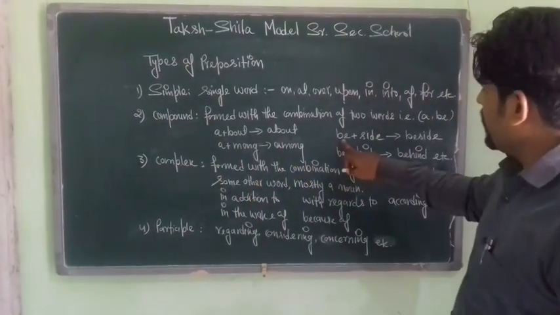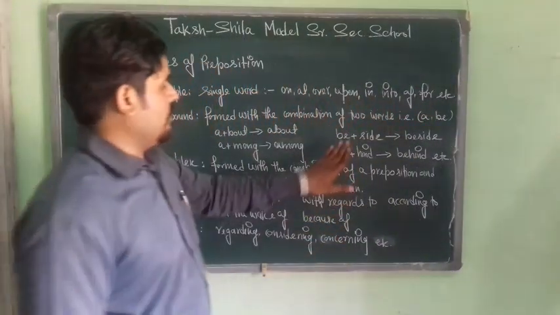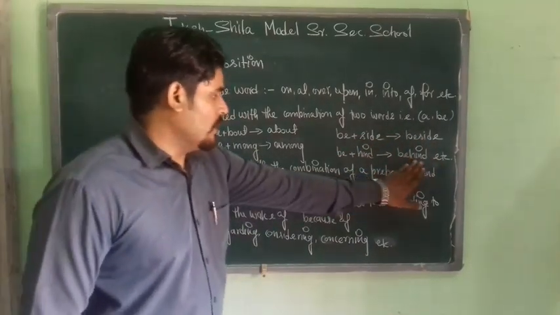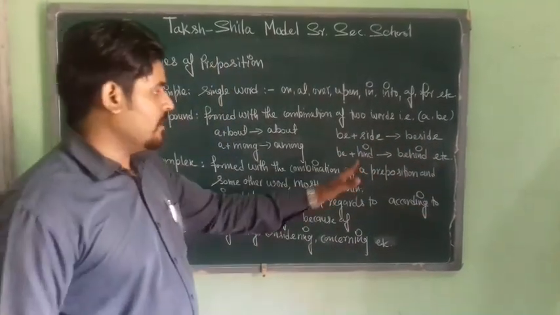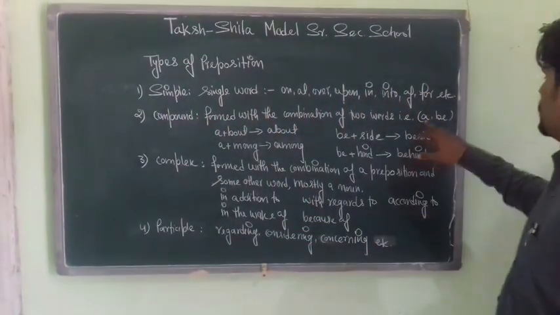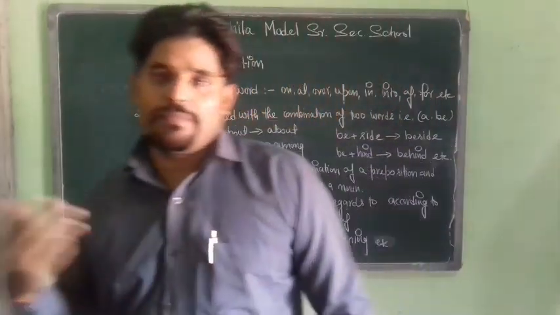Then there is the combination of B plus a noun, right? So here B plus side becomes beside. B plus hind becomes behind. Hind means rear part of something, right? So with the help of these two words A and B, we can get more prepositions.